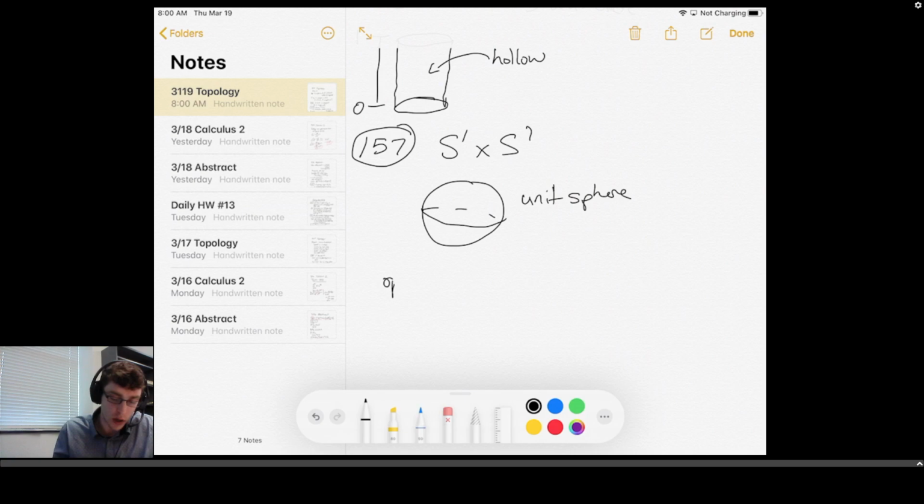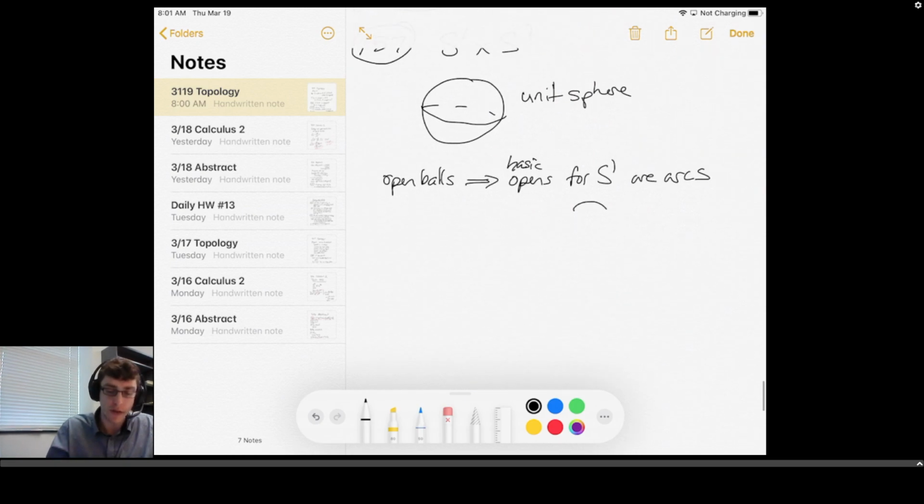If you used open balls, then your basic opens for S1 are arcs. And so if you wanted to look at S1 cross S1, the basic opens would be products of these, so you'd have an arc cross an arc.